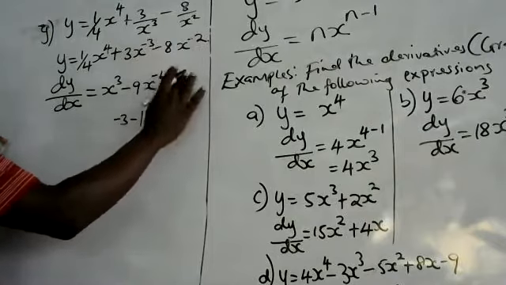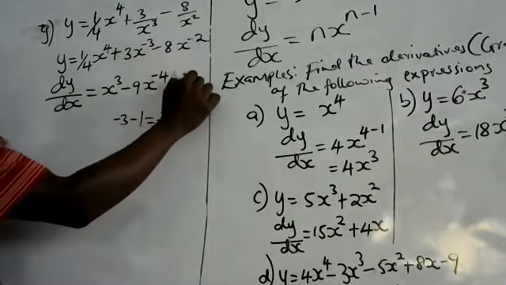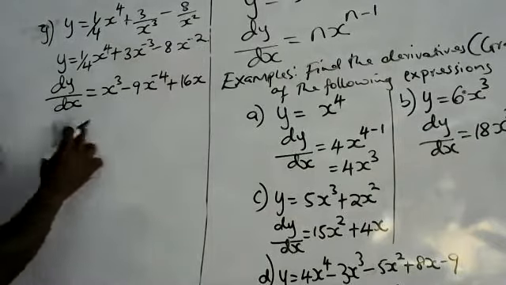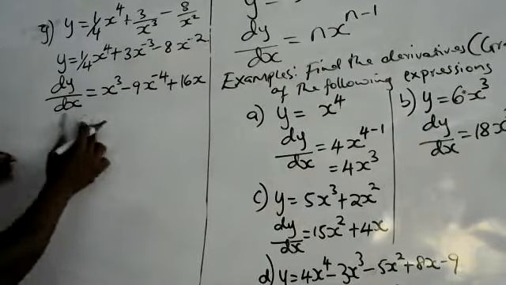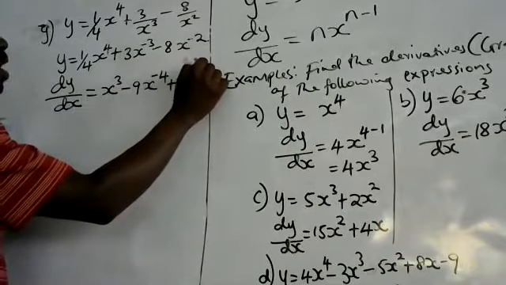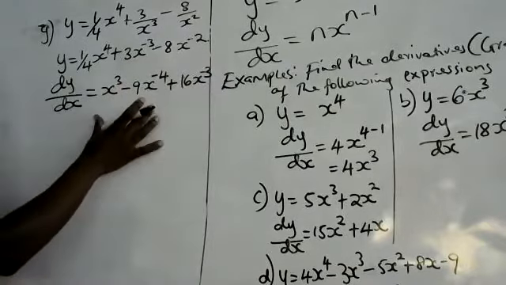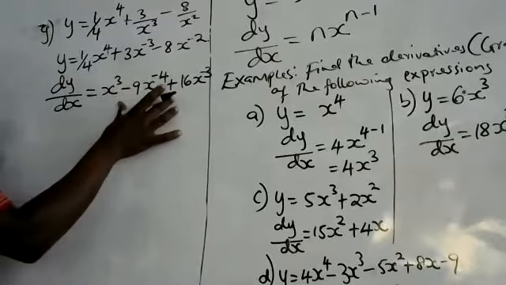2 times 8 is 16x. And then now the power that we had is negative 2 minus 1, because it is a rule. You find that now it's going to be minus 3. So this is actually the derivative.